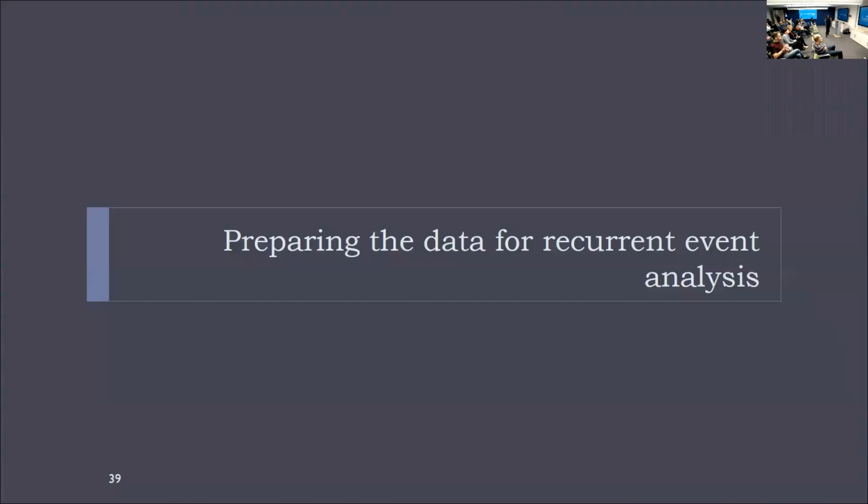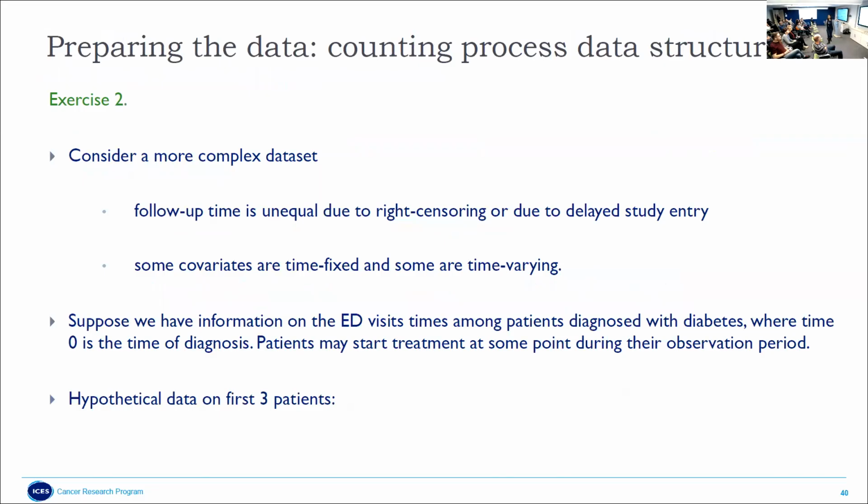Okay, so preparing data. I'm not sure how many people here actually touch and manipulate the data. I have a couple of slides on this only because it's really important to structure your data properly, because it's very different from setting up your data for a Cox analysis. I'm going to give you an example where the event happens multiple times over the timeline, but also the covariate changes over time.